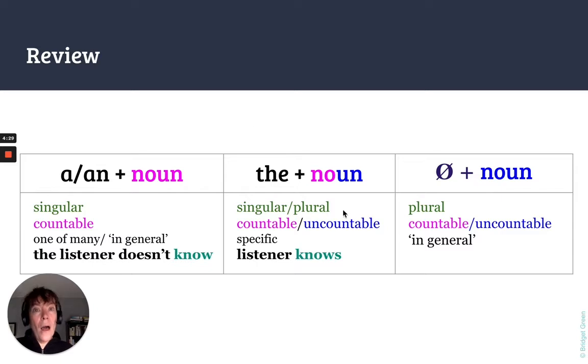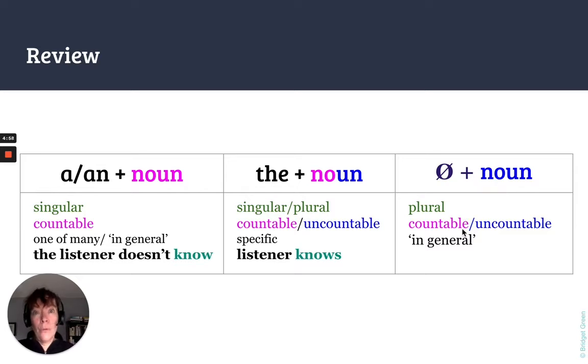Now the is multi-purpose. You can use it with singular, plural, countable, uncountable, but it always means something specific, something that we both know about. And then finally, no article, and that's used only with plural countable or uncountable nouns. So dogs or fruit, okay? And it talks about things in general.